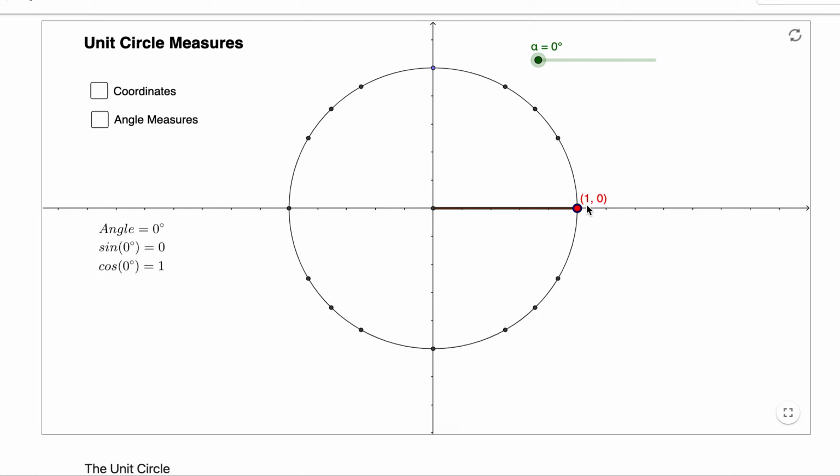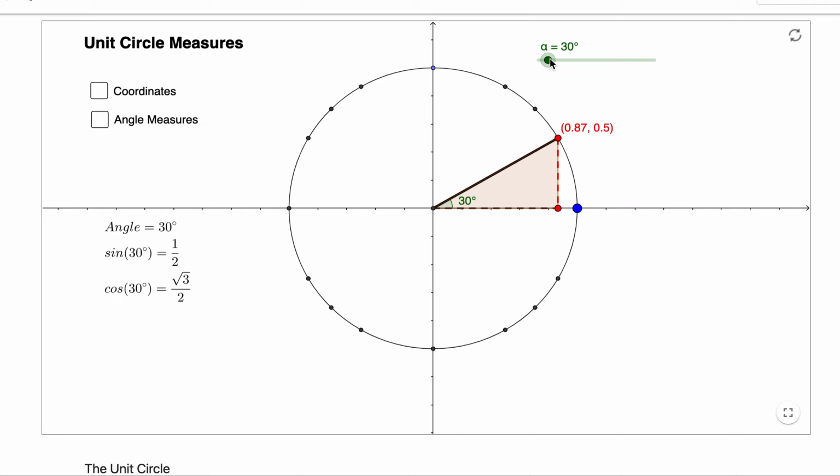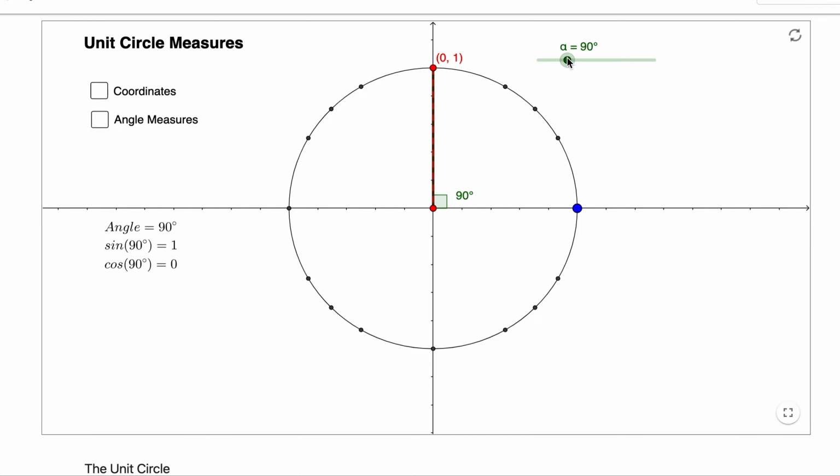That's just because we're reading this directly from the x-coordinate, which gives us cos, and the y-coordinate, which gives us sine. As we move a quarter turn, as we get to 90 degrees, we can see on the unit circle pretty easily that that position has coordinates (0, 1). And so again, the x value gives us cosine, and the y value gives us sine.